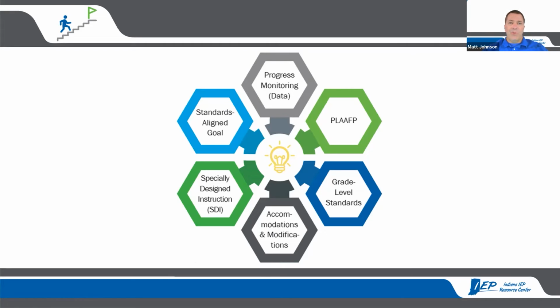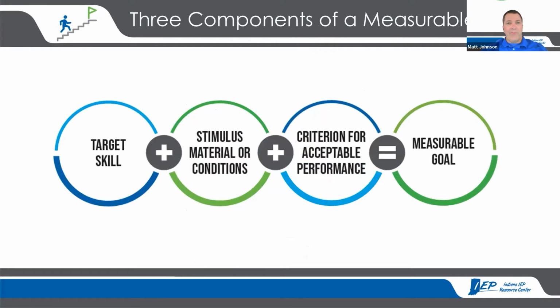So let's dive in a little bit more into the goals. With the rest of our time, we're going to be focusing on the goal pieces here, and we're going to look through some different components to start. One of the pieces that a lot of folks struggle with is, how do we make a goal measurable?